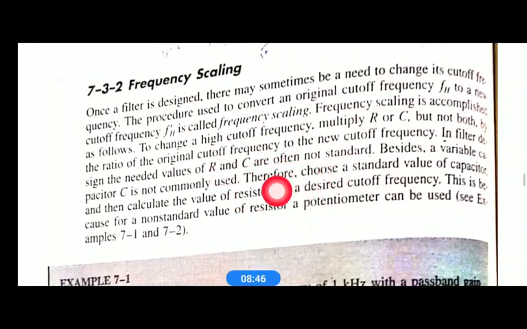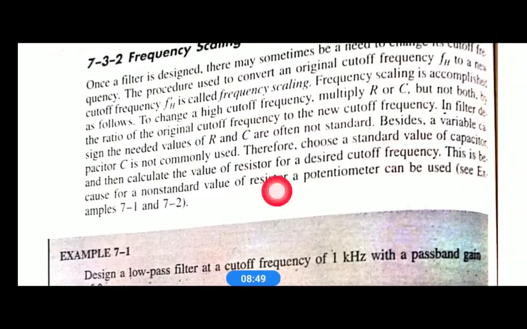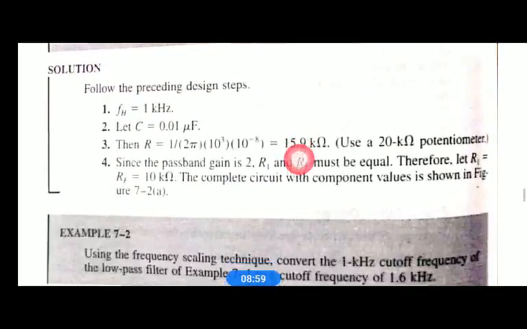So it is better in scaling to multiply R by the ratio of the original cutoff frequency to the new cutoff frequency. Let's see one example.